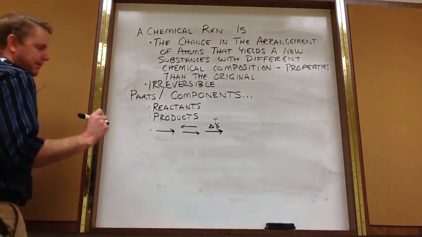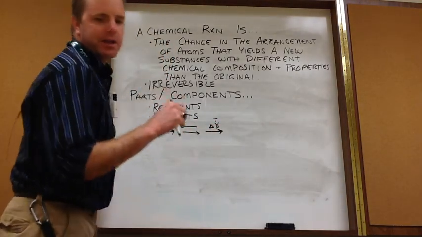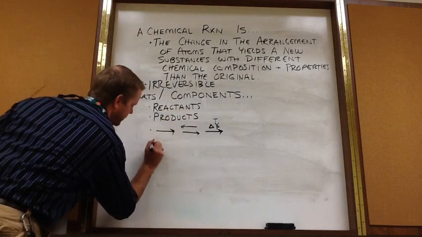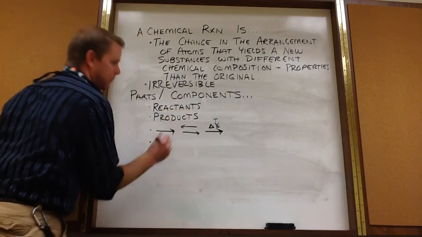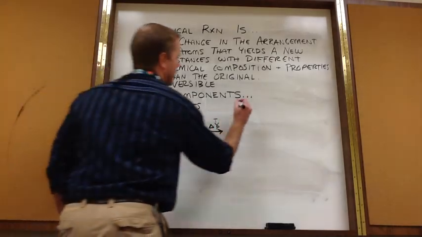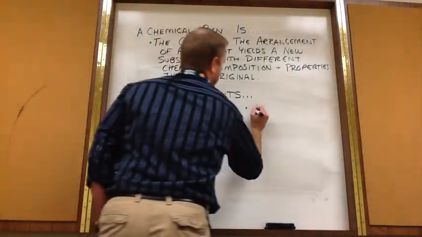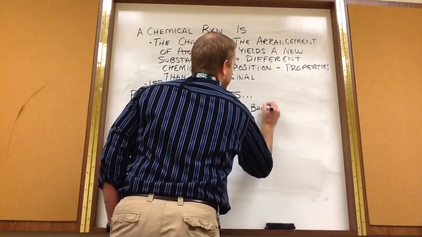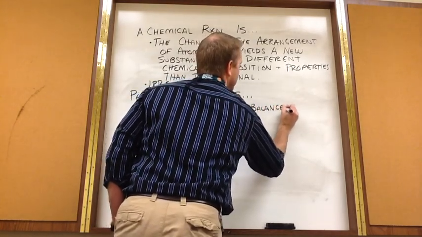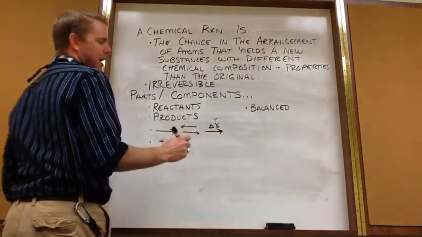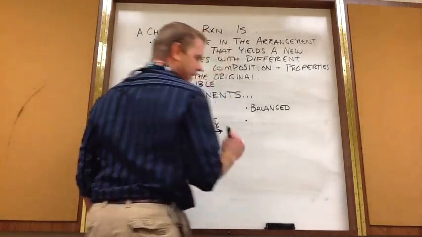Those are our three. Then from there we also have a plus sign. It tells us things are put together, they're added. Another thing is they're always balanced on both sides. The reactants equal the products. And then the last thing is this.